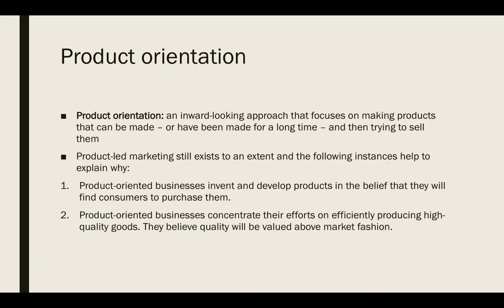Just like the example of pistachio coffee. So the producers of pistachio coffee believe that yes, if we create such a product, consumers are going to buy it. Okay, the product oriented businesses also concentrate on creating quality goods, on quality product.